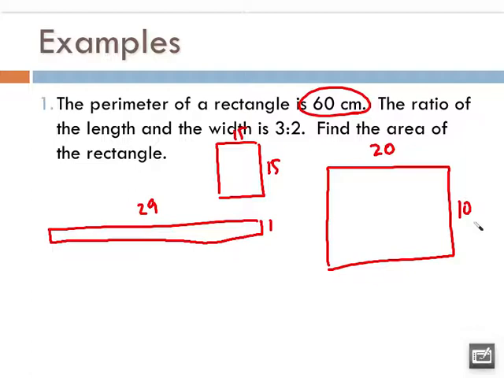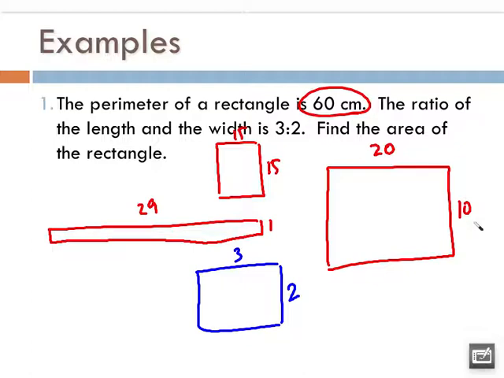I made a rectangle with a side length 3 and the width 2. Okay, hold on 1 second. So you made a rectangle with a side length 3 and another side of 2. And then I found the perimeter of that one, which was 10. 3 plus 3 plus 2 plus 2.